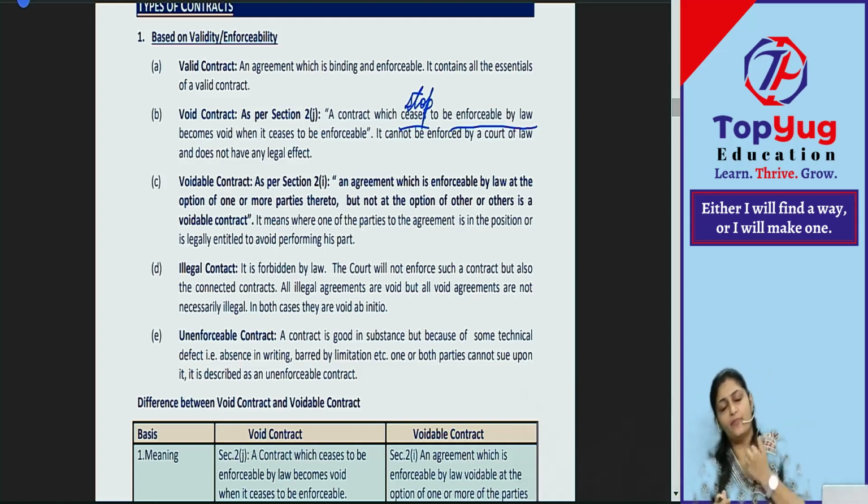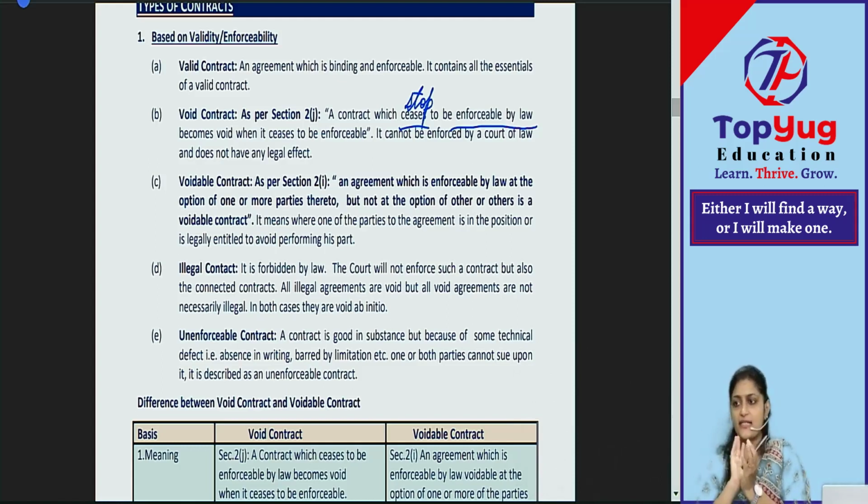Say for example, I tell you, I will sell you 100 bottles of liquor. You pay me the price, say 1 lakh rupees. We entered into the contract, and it was valid. But in our area, the government has now banned dealings in liquor.